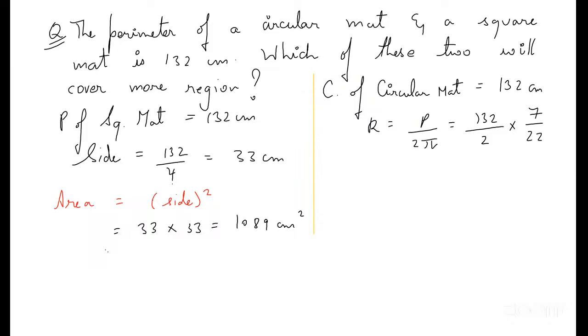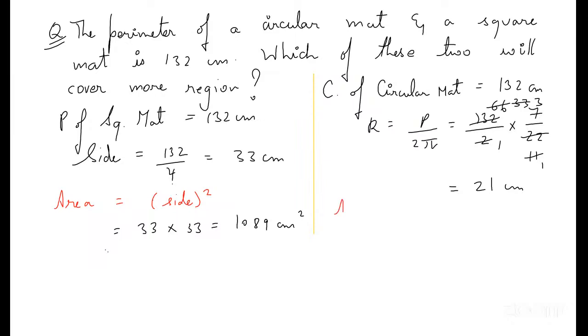21. 33, 11 ones are 11, 11 threes are 33, 7 threes are 21 centimeters. We have the radius. Now find the area of circular mat.